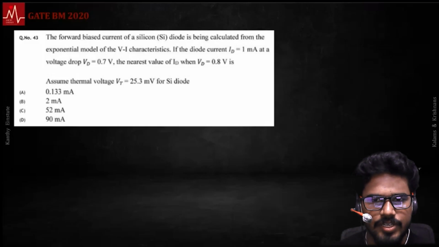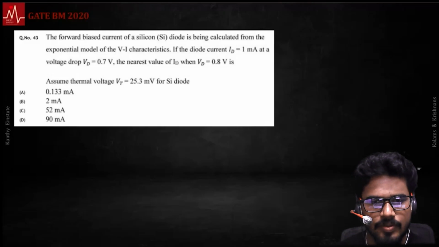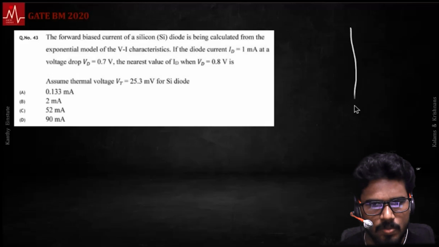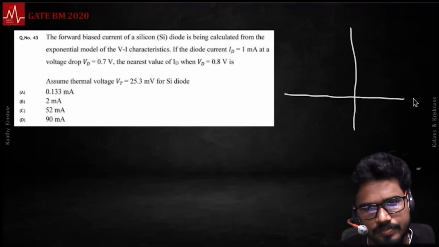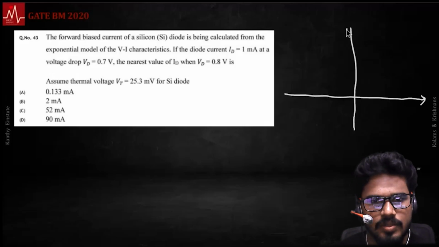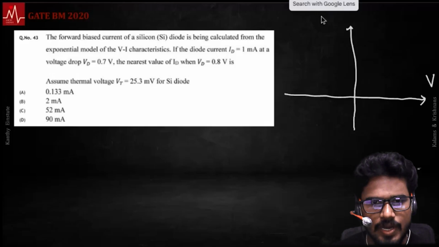Look at the voltage versus current relationship in a diode. There's a voltage across it, there's a current here.